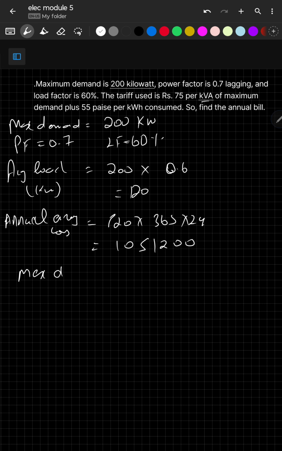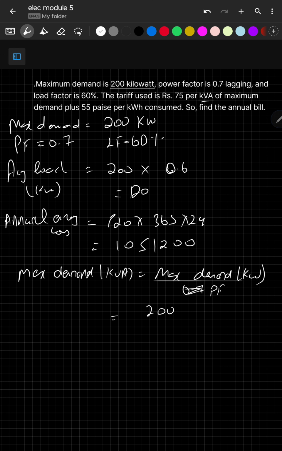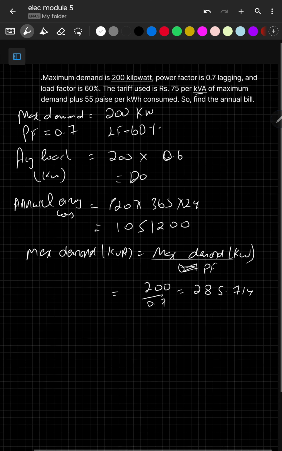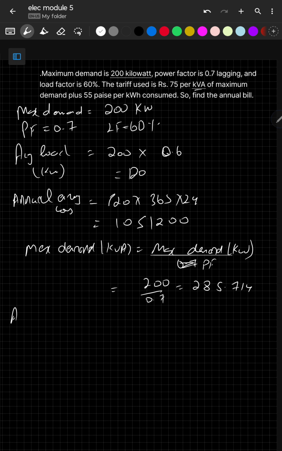So maximum demand in kVA is maximum demand in kW by power factor, which is 0.7. So that is equal to 200 by 0.7, which is 285.714.